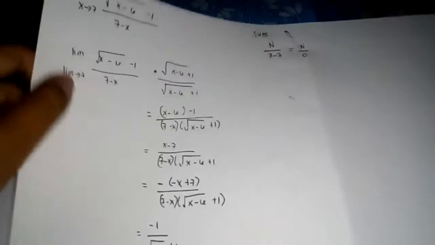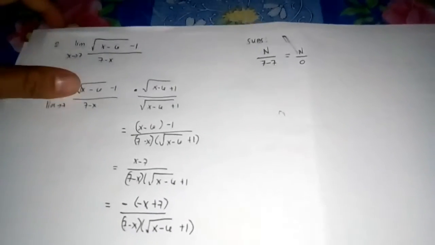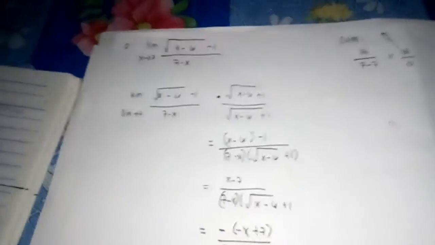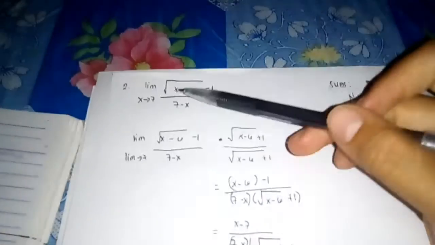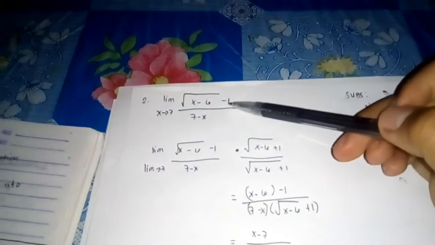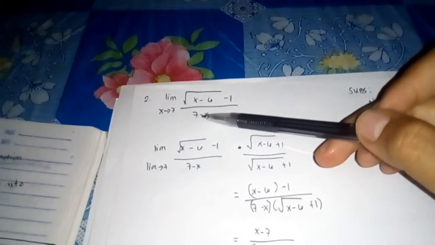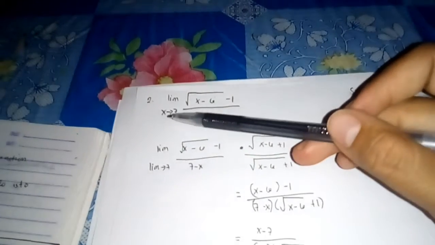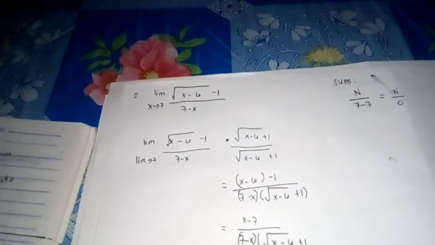So we have another example. Example number 2. The limit of square root of x minus 6, minus 1, over 7 minus x as x approaches 7.